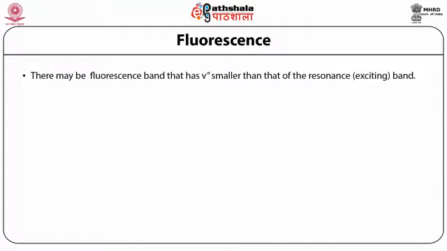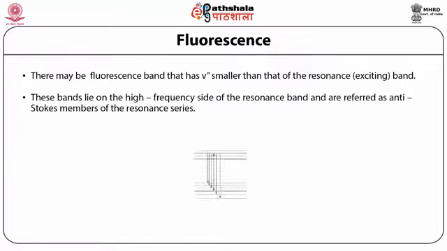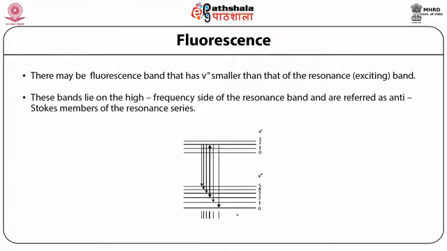There may be fluorescence bands that have ν'' smaller than that of the resonance or exciting band. These bands lie on the higher frequency side of the resonance band and are referred to as anti-Stokes members of the resonance series.